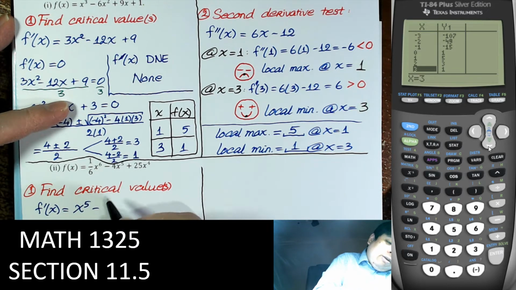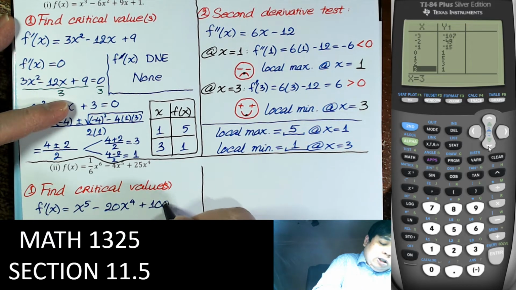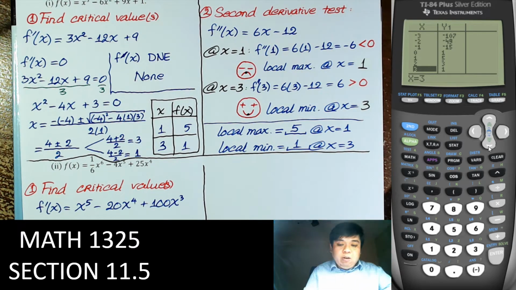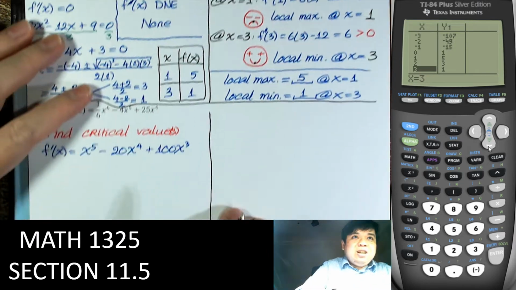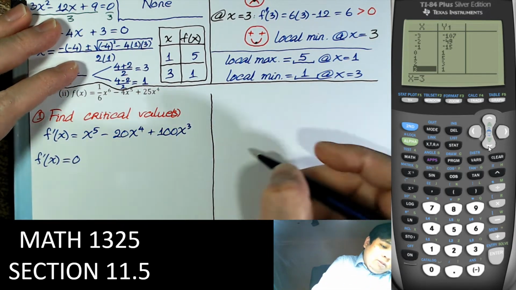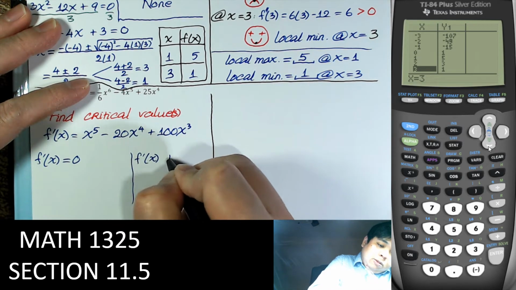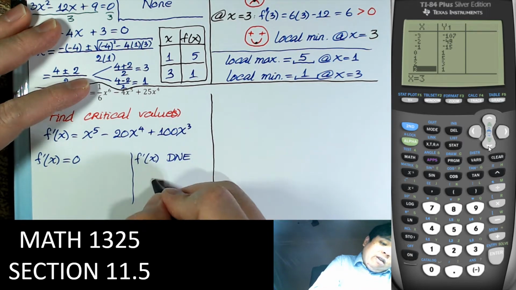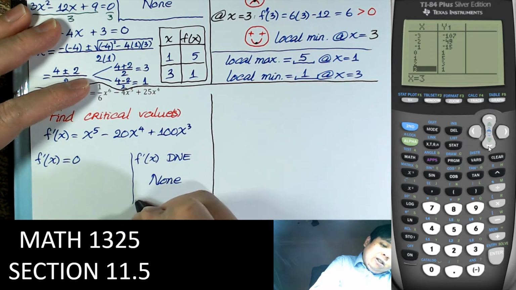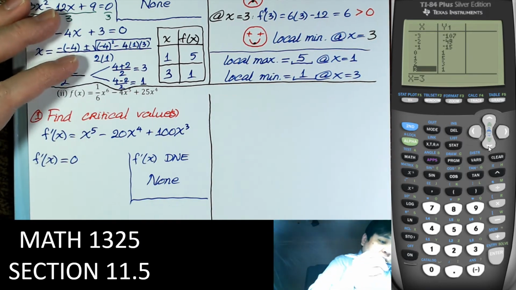Take down the 5, minus 20x to the 4th, and plus 100x cubed. Right, equal to 0, or does not exist. In this case we don't have anything that does not exist, because that is continuous everywhere, therefore defined everywhere.